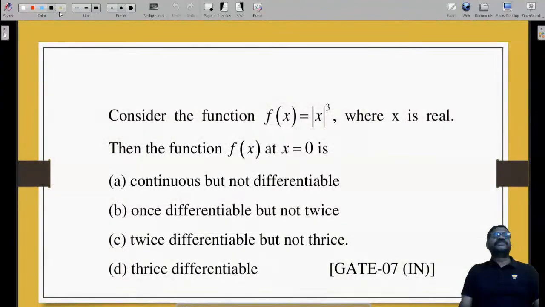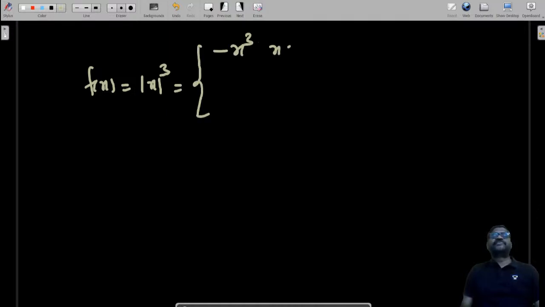F of x is mod x whole cube, where x is real. Then the function f of x at x equal to 0 is... the function is mod x whole cube. f of x is nothing but minus x cube when x is less than 0, plus x cube when x is greater than 0.